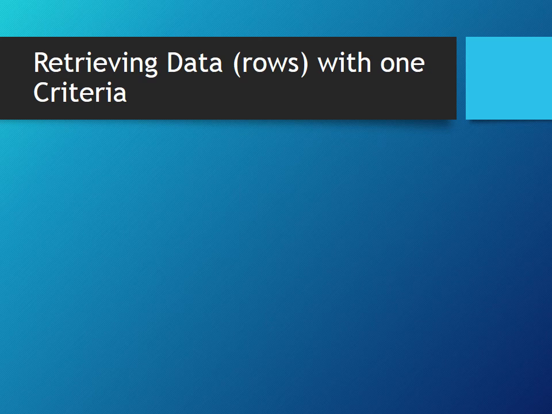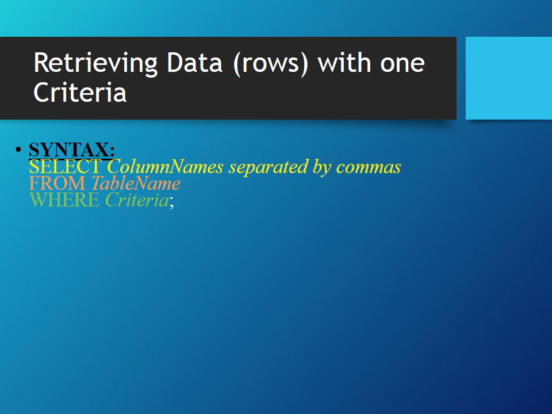The syntax for retrieving data with one criteria is as you see here. Select column name separated by commas from table name where criteria. Notice that we now have to use a where clause because we are looking for specific criteria. Let's look at an example.